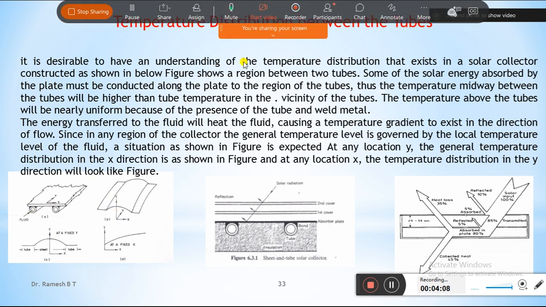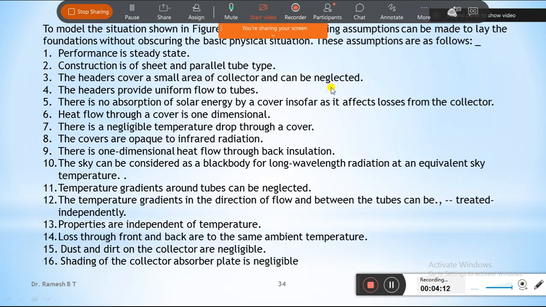For this heat distribution between the tubes we make some assumptions, which we generally consider for temperature distribution along the tubes. The first assumption is that performance is steady state, meaning there is no turbulence.